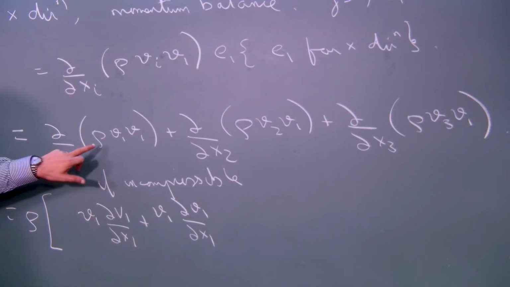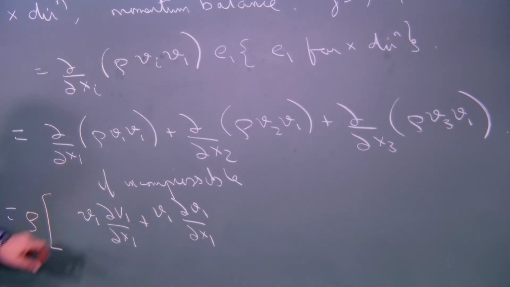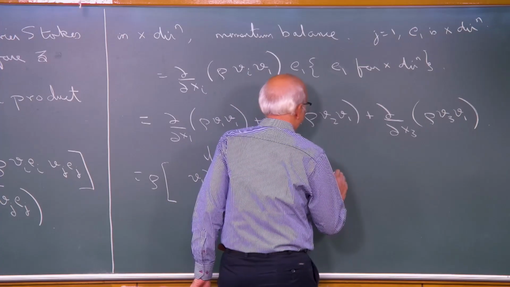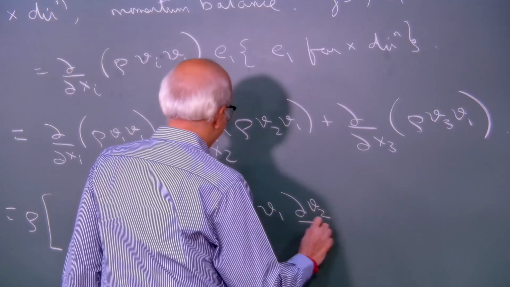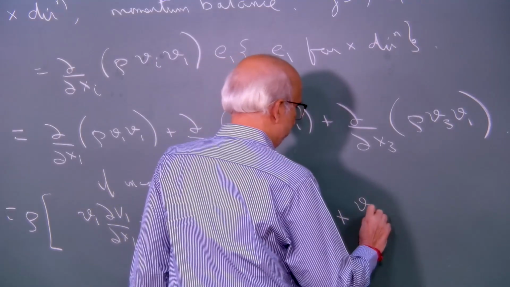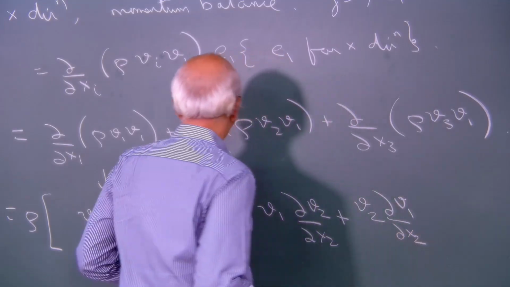Okay. What have I done? I have just used the product rule for the differentiation. Use the same product rule for differentiation here: v1 dv2 by dx2 plus v2 dv1 by dx2.